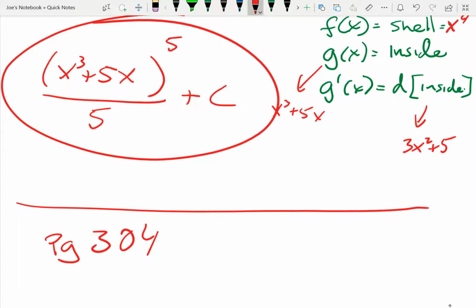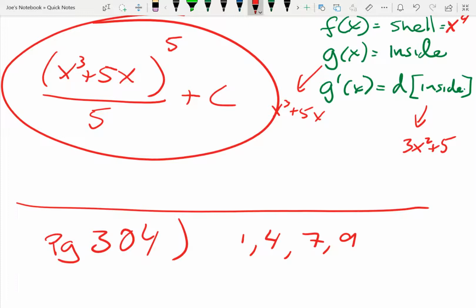Page 304, right? So look at the instructions. You're going to be doing 1 and 4, 7 and 9. For 1 and 4, you have to read the instructions with me, because we are not going to identify u and du for today.